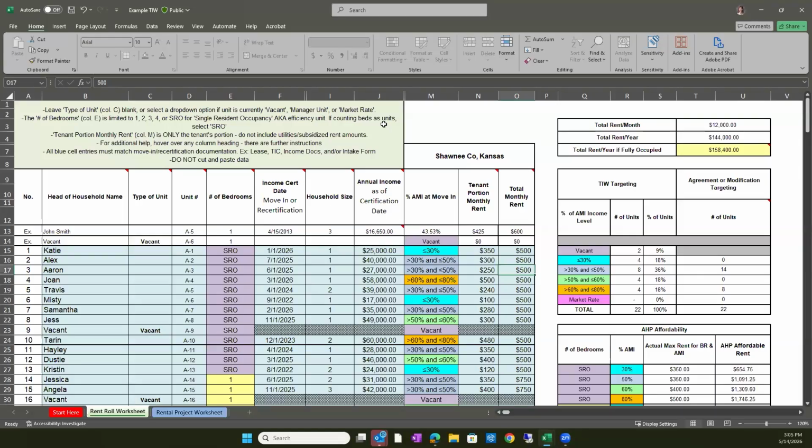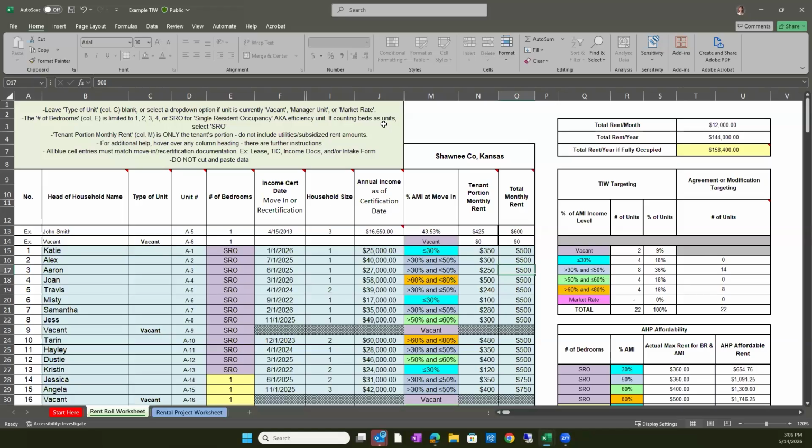For the AHP program, we use the USDA income limits. So if you are utilizing HUD programs, things like that, you'll want to make sure to look at both of the standards, both of the income maximums for the HUD program as well as for us, the USDA, and make sure you pick the more restrictive one when you are setting your maximum standards for your residents. So you'll want to check that first.